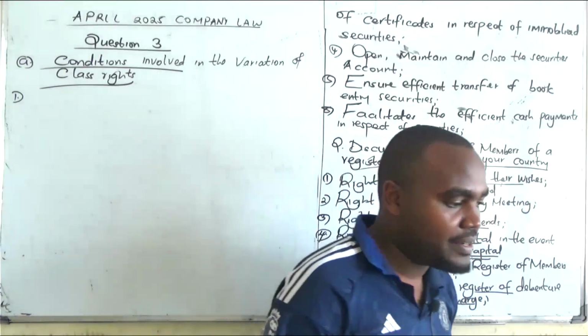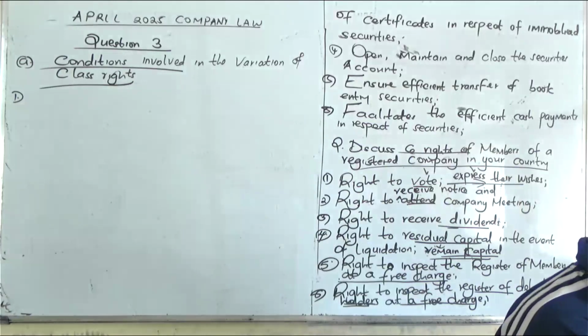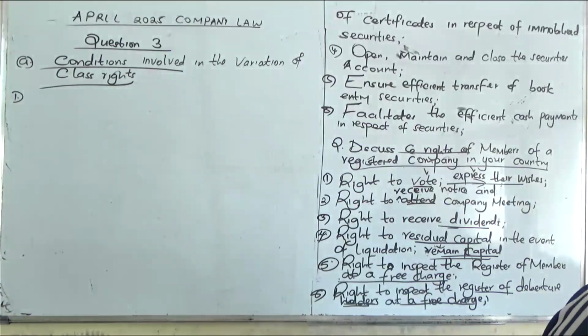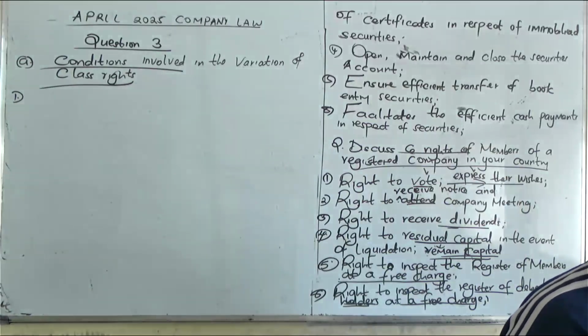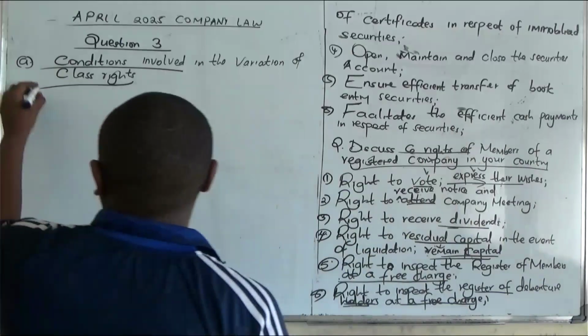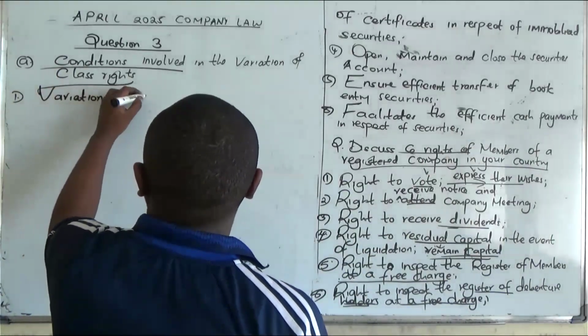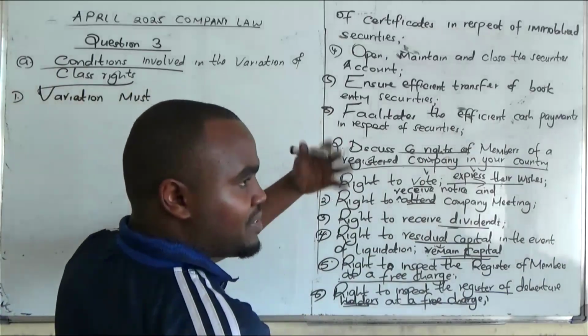So let us get our marks. What are the legal principles? One, it must be authorized by the Articles of Association. So the variation must be authorized by the Articles of Association. On the paraphrasing, there is nothing big.